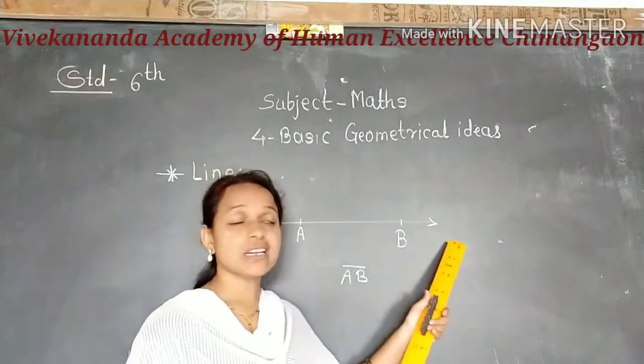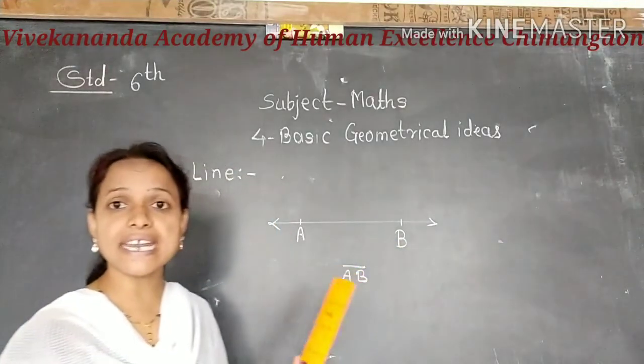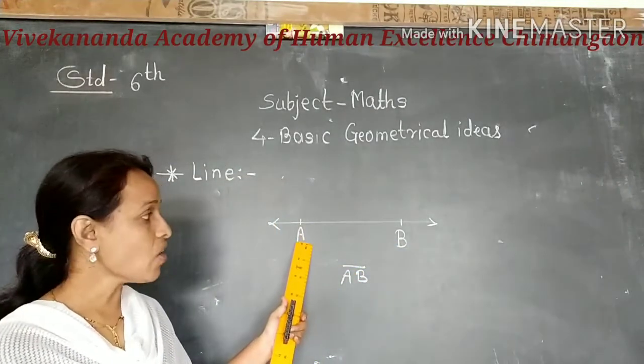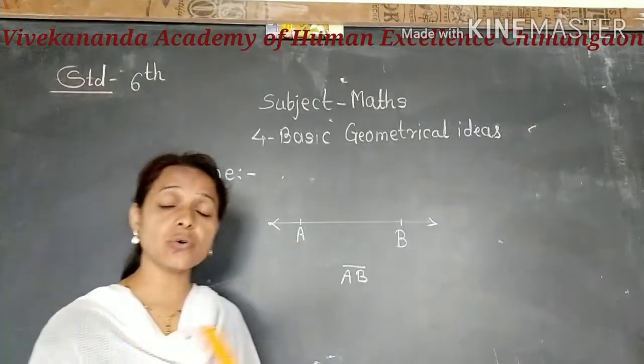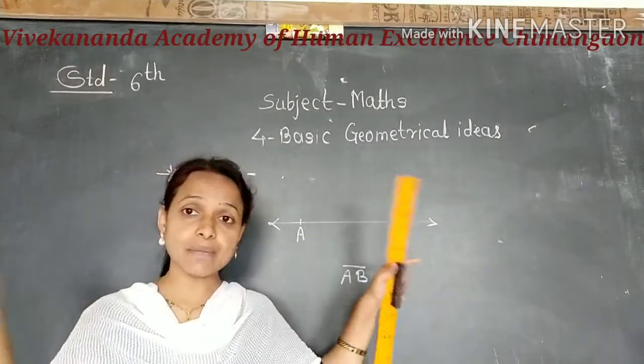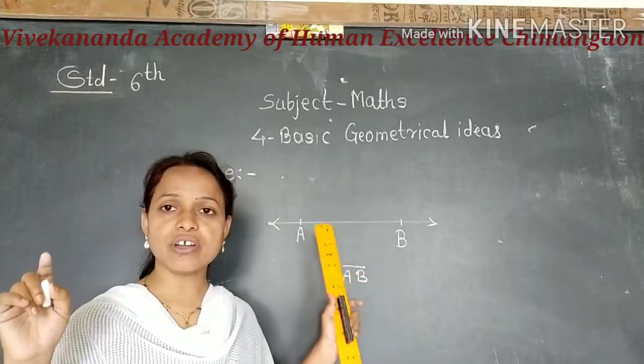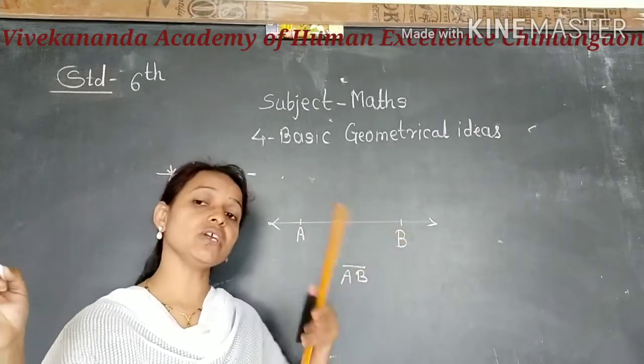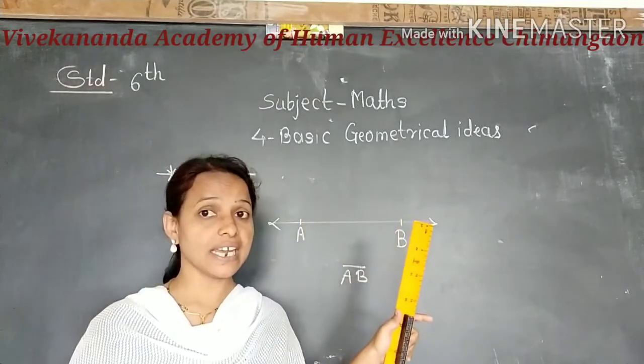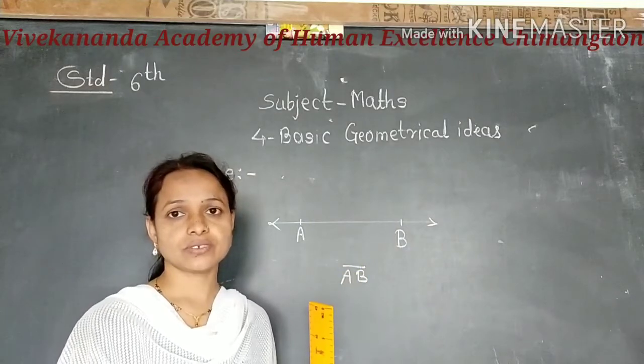See, here I have shown arrows. This means it can be extended beyond A in one direction and beyond B in the other direction, without any end. The meaning of the arrow is that it has no end. So we can extend it in both directions, beyond A in one direction and beyond B in the other direction, without any end.